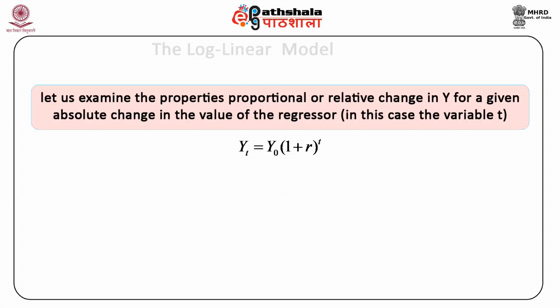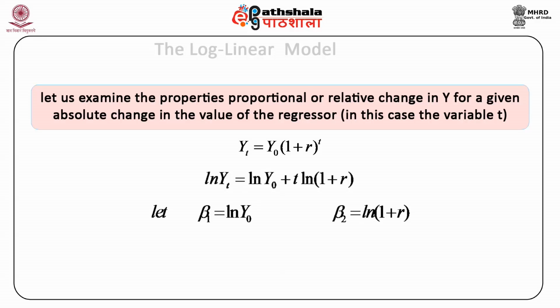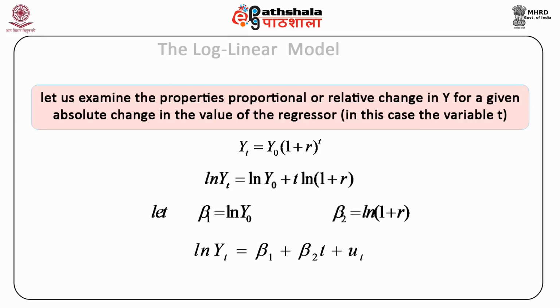Now this can be written as ln yt equal to ln y0 plus t ln(1 plus r). Now let beta 1 be equal to ln y0 and beta 2 be equal to ln(1 plus r). In that case, we can write this equation as ln yt is equal to beta 1 plus beta 2 t plus ut.